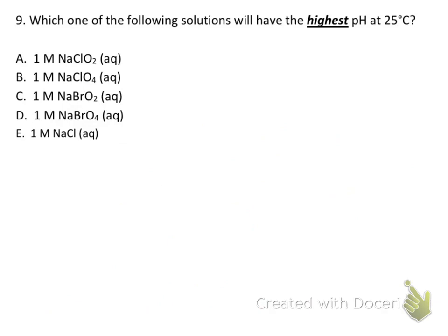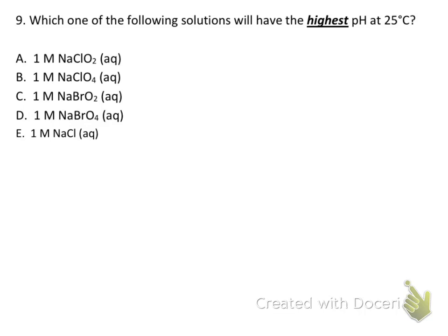So this question tasks us with finding the strongest base, which one of these is the most basic. The highest pH means the most basic. So, whenever we're thinking about these anions here, all of these are sodium salts. Sodium is negligible. Na+ is a group 1 metal cation, and we know that those do not contribute to the pH of a solution.